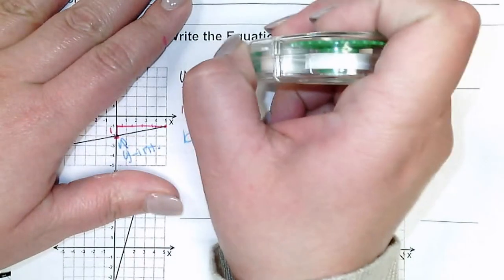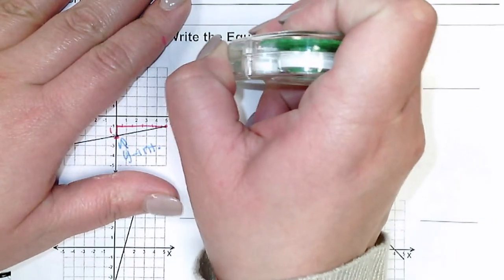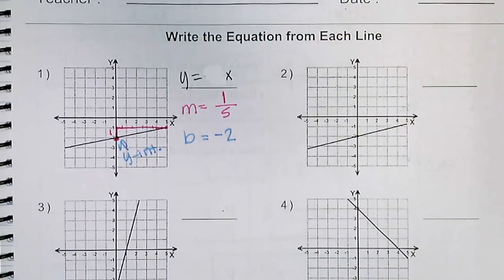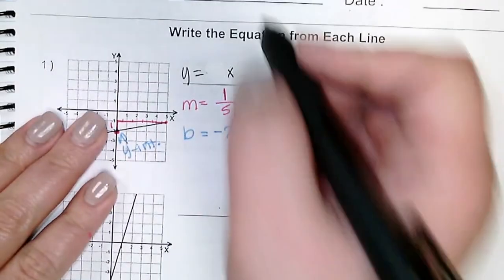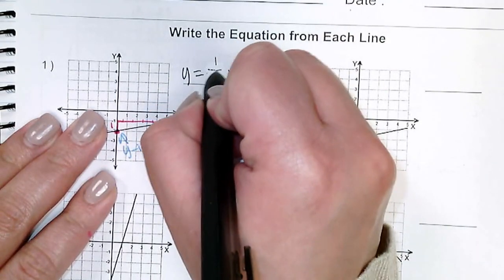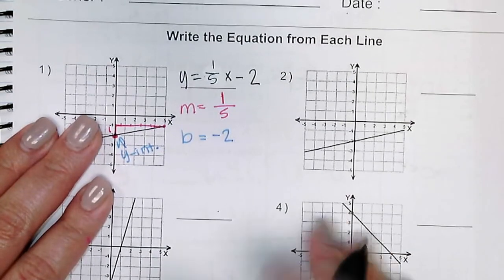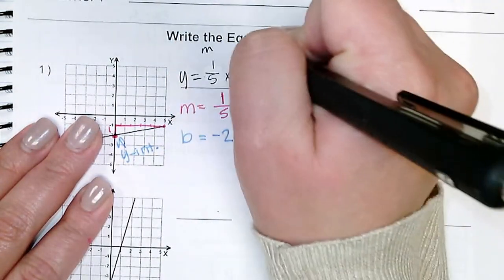My whiteout's a little messed up. I'm going to put 1/5. So 1 over 5x minus 2. This is our m, and this is our b.